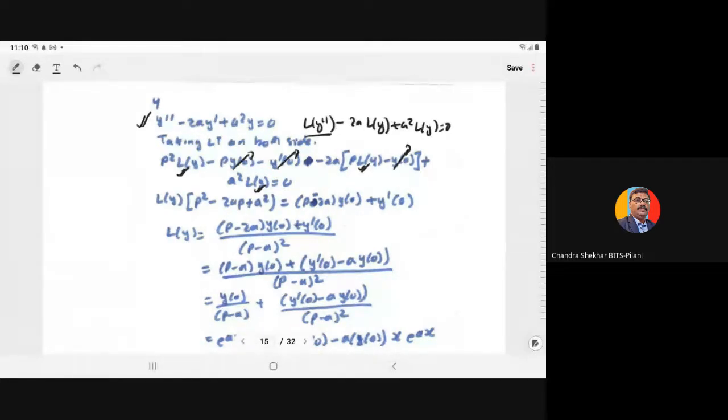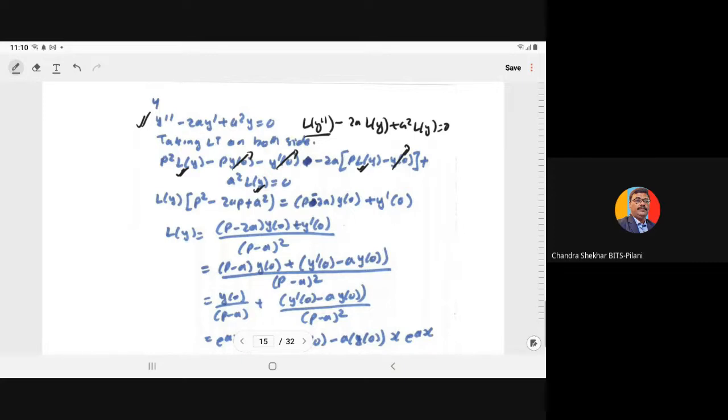So L of y will come p minus 2a y naught plus y dash at naught, upon p minus a whole square. So this can be written as p minus a y naught plus y dash minus a y naught upon p minus a whole square, right?